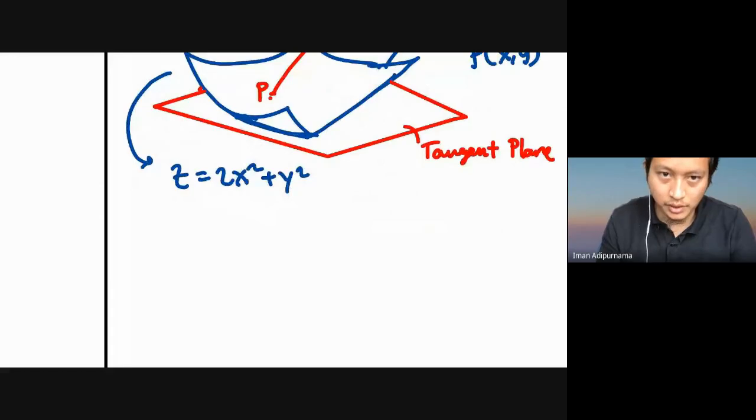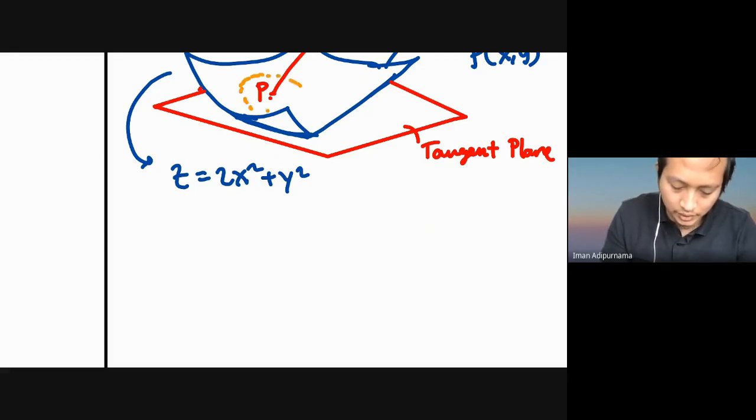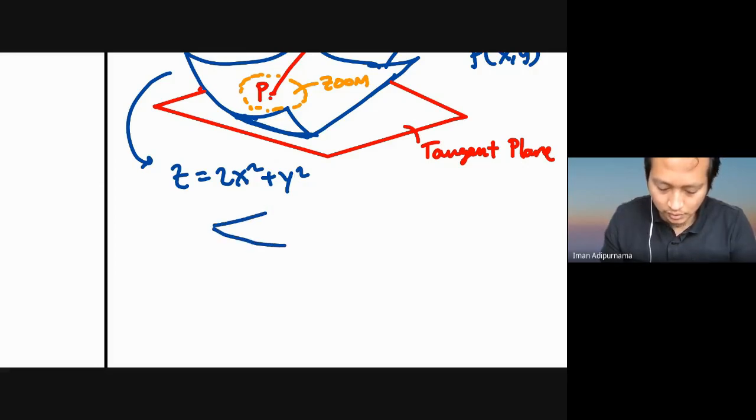Let's say this is the area that I want to zoom in. The more you zoom in, you will see that your surface is getting approach as thin as the tangent.